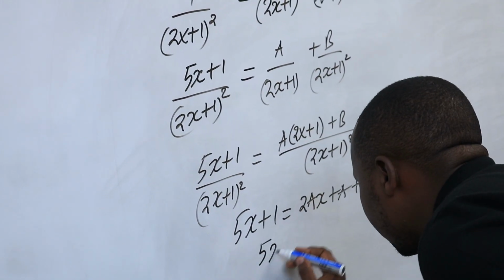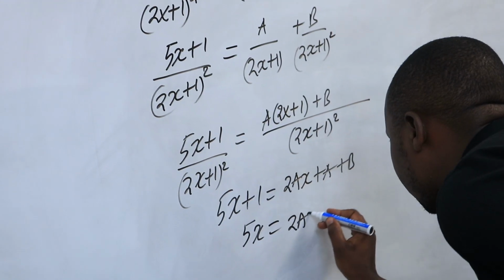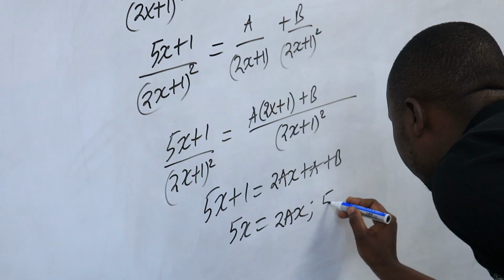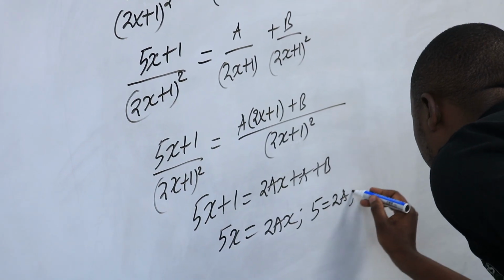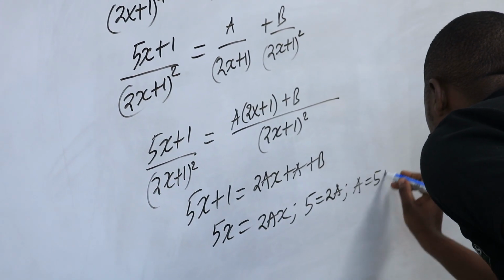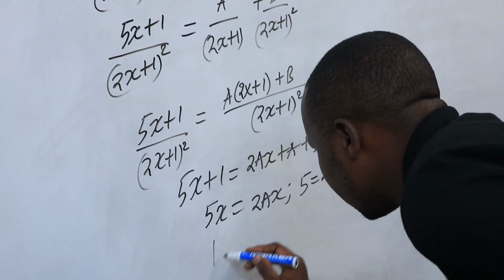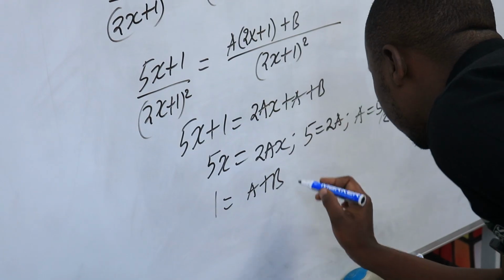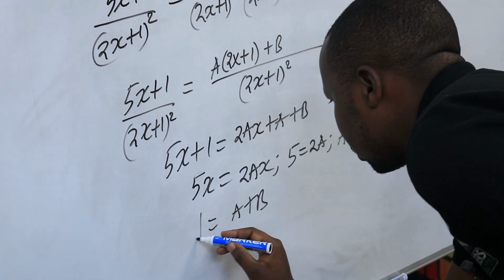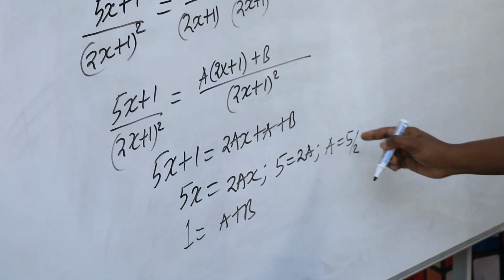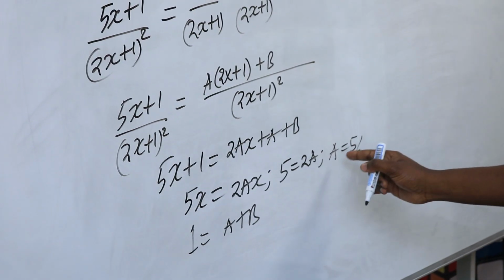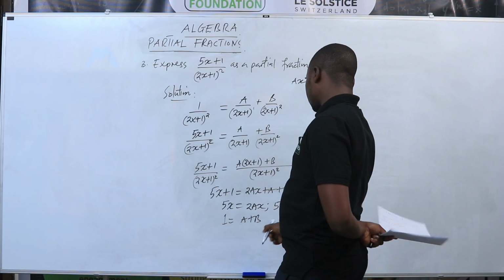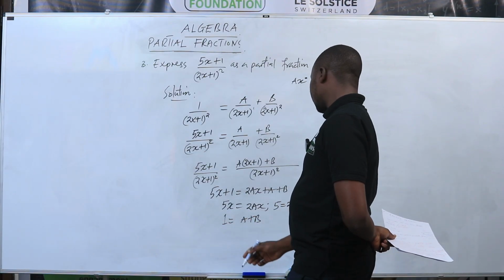So it becomes 5x equals 2Ax. When simplifying, we get 5 equals 2A, whereby the value of A is 5 over 2. Again, 1 equals A plus B. So now we have two expressions: A equals 5 over 2, but also 1 equals A plus B.